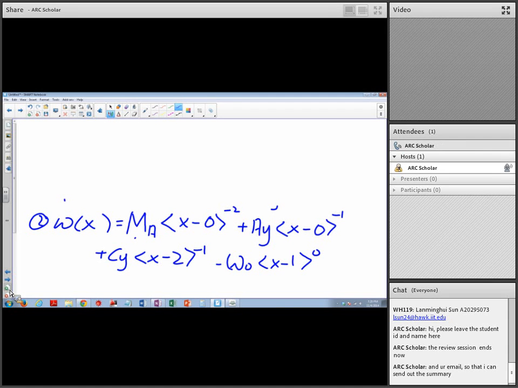It's not given in the question. You can solve this through the sum of force or the sum of moment, or I'll introduce another method of solving this. So when I integrate this, I get the shear force. Integrating gives MA times X minus 0 to the power of 1.